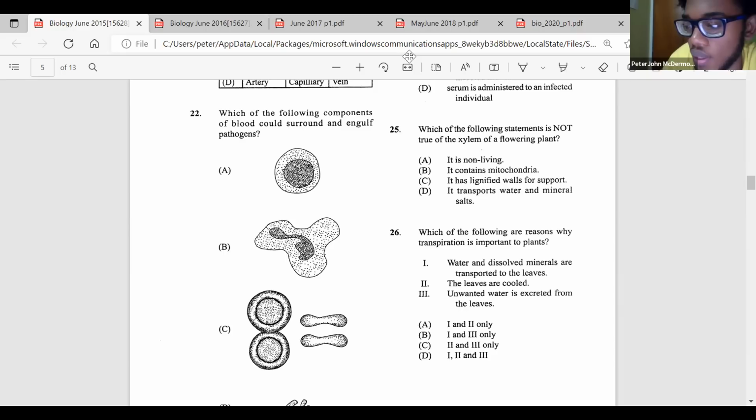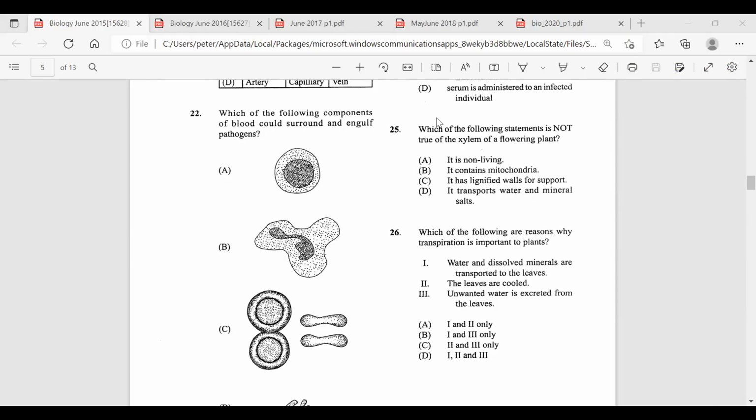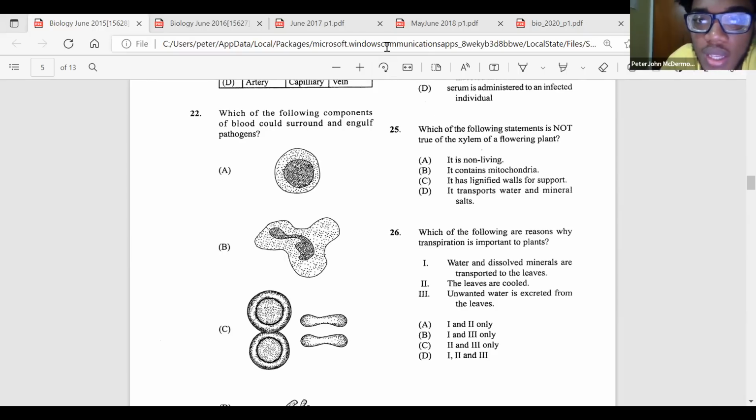All right, let's start. So it is non-living, true or false? Everybody agree? So everybody agrees that it's non-living? Yes or no? I'm seeing an answer that says A.